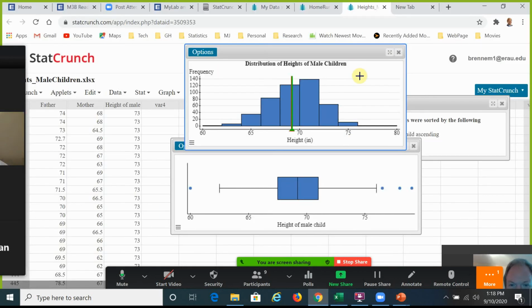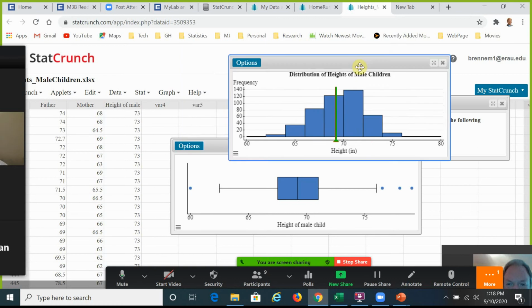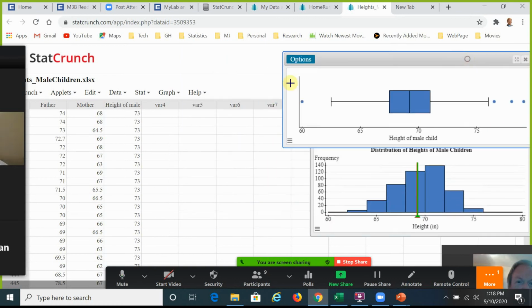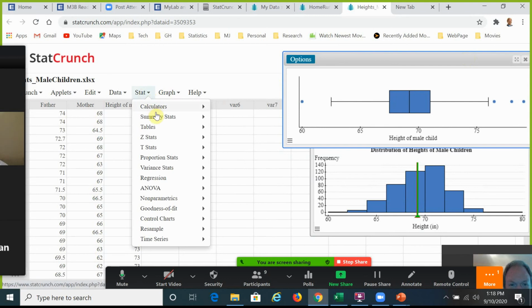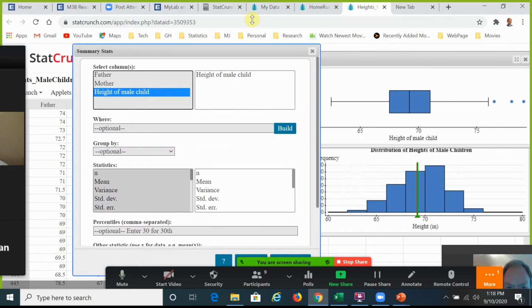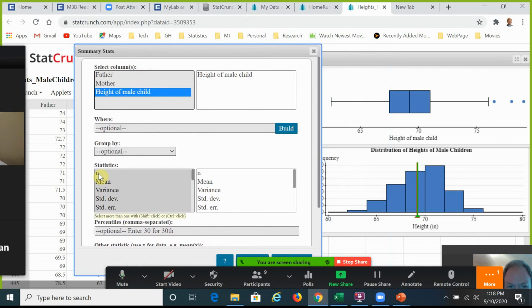And we're going to do that with StatCrunch. We don't do any computations by hand practically ever. So we go to summary stats, column, height of male child. Now the default is that all of these are selected, and that's way too much.